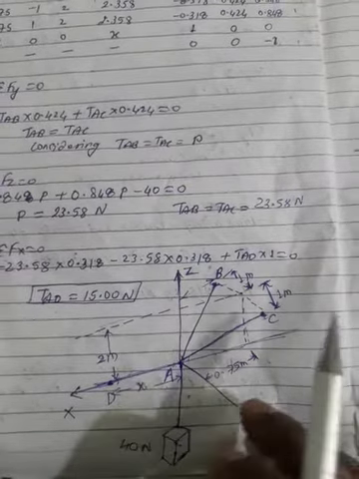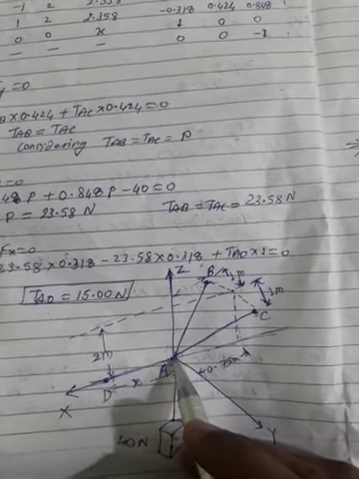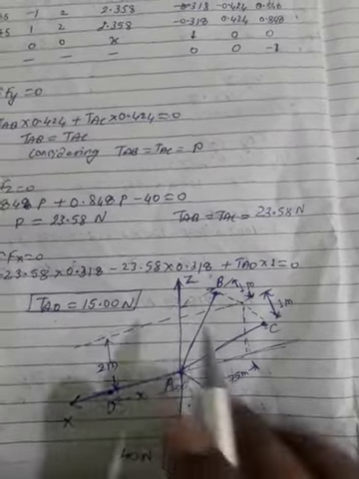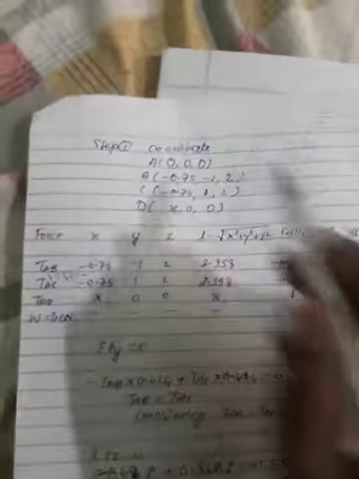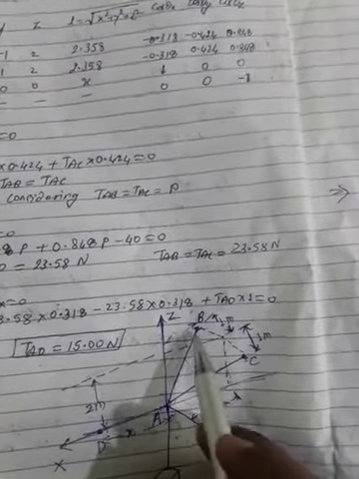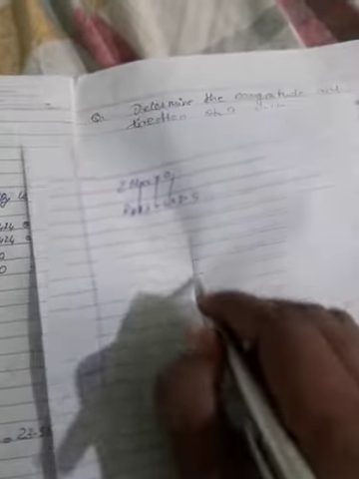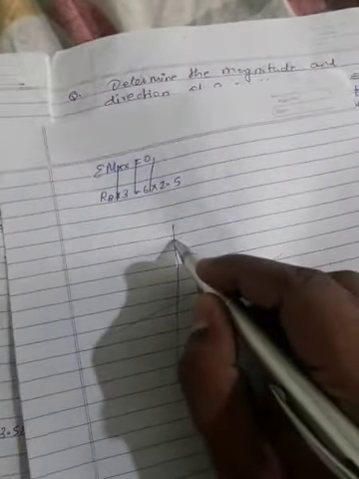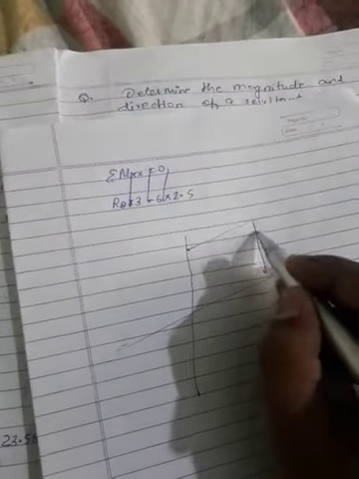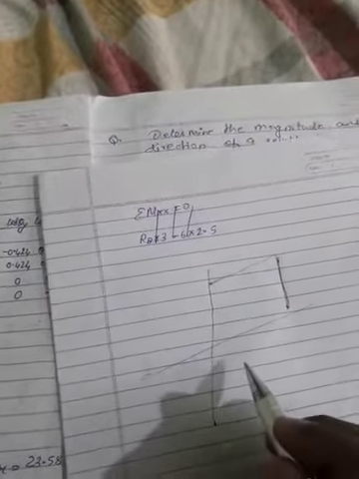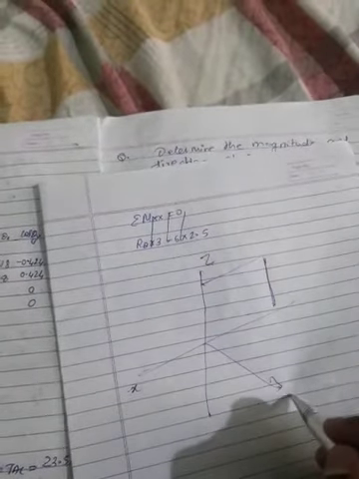For point A it is the origin, so its coordinate is 0, 0, 0. Now point B is in space. Suppose this is the x axis, this is the z axis and this is the y axis.